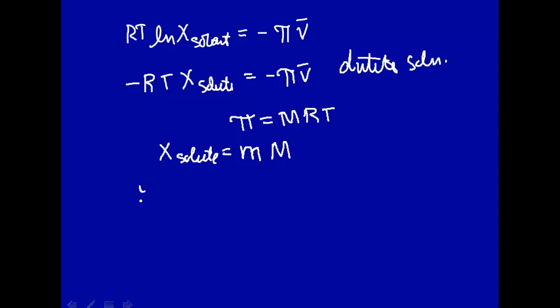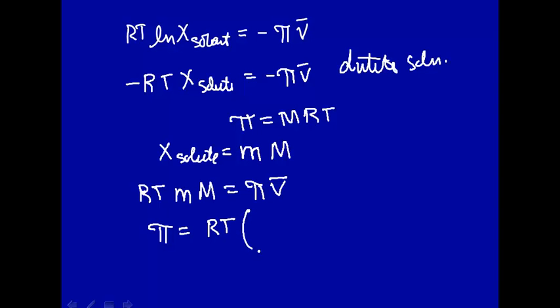So if we put that in, we have RT times the molal solution concentration times the molar mass of the solvent equal to pi times the partial molar volume. Let's isolate pi. So pi will be equal to RT times m, the molality, times the molar mass, divided by the molar volume.